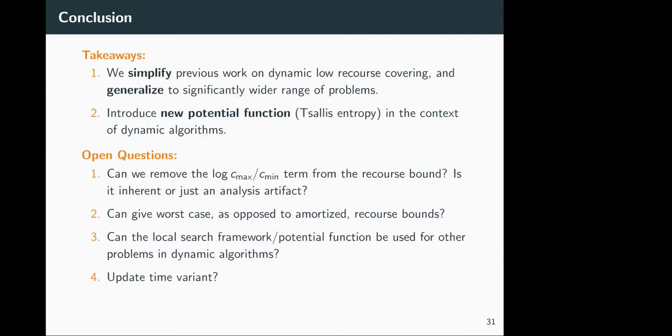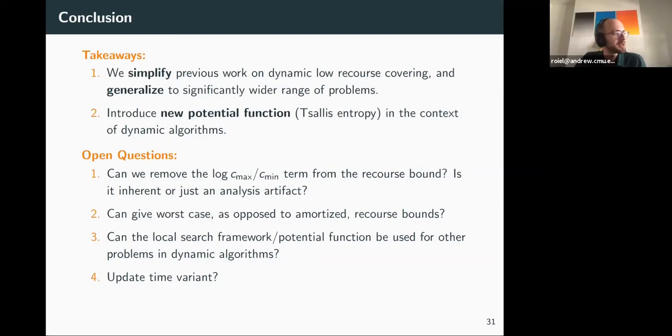Actually, I'll ask a quick question as well. You talk about this Tsallis entropy. It looks a lot like something I remember called Rényi entropy, which is also often parameterized by alpha. To be honest, I don't even remember the precise definition of Rényi entropy, but are they similar? Yeah, no, they're not exactly.